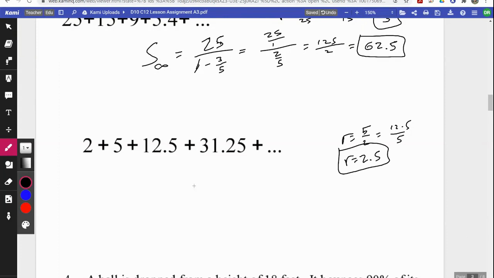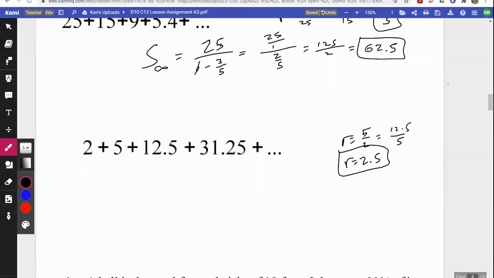So you could say that the sum does not exist because r is greater than 1 basically, and because of that it increases without bound.